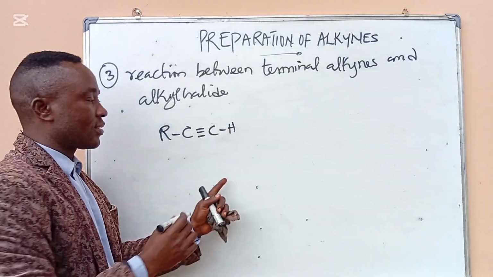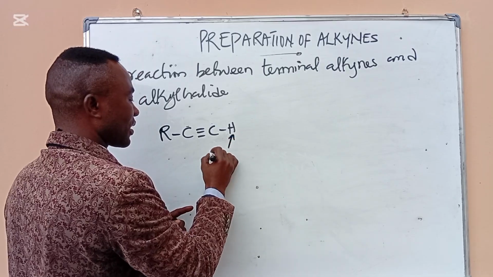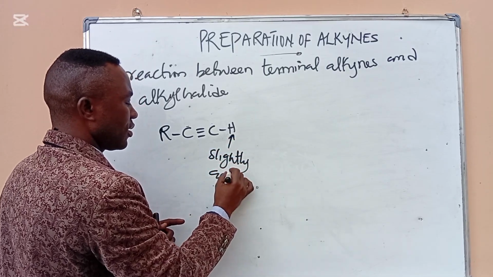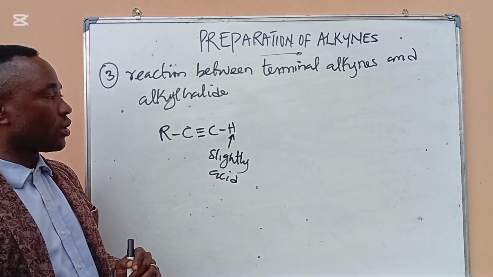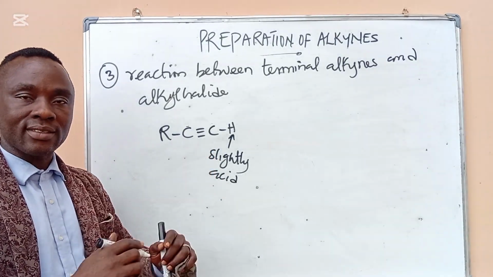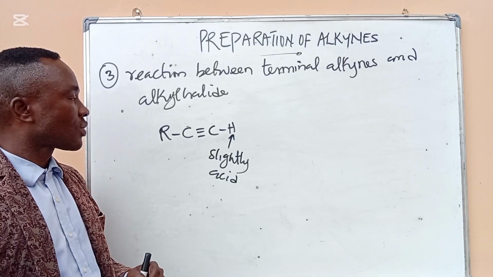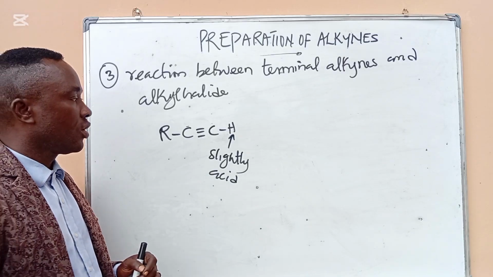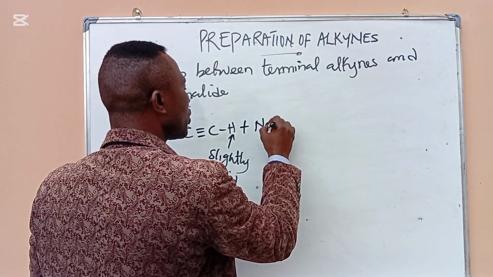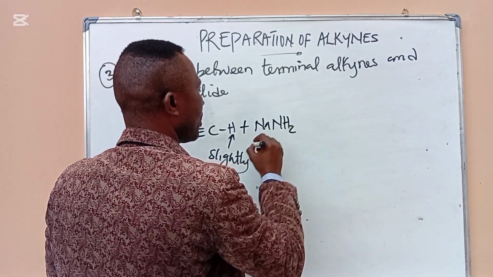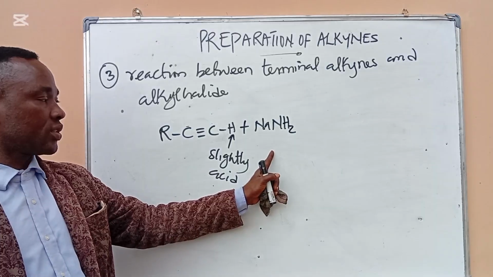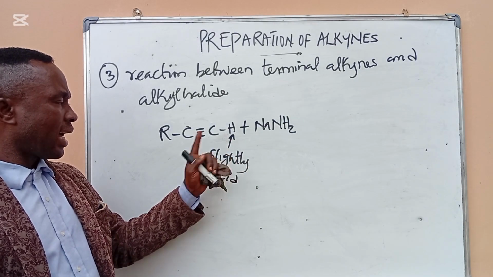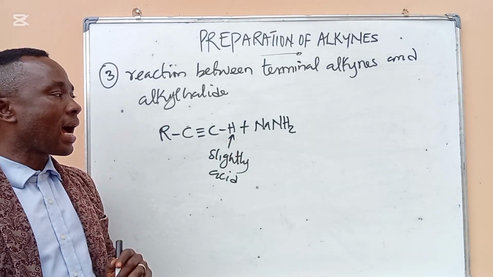Now these terminal alkynes have hydrogen that is slightly acidic. Because it is slightly acidic, it can be removed with a very strong base, such as sodium amide. This is sodium amide, a strong base. It can remove the slightly acidic hydrogen of terminal alkynes.